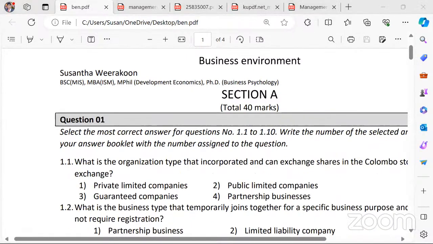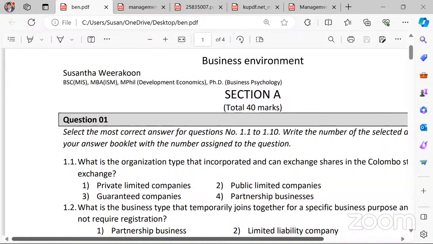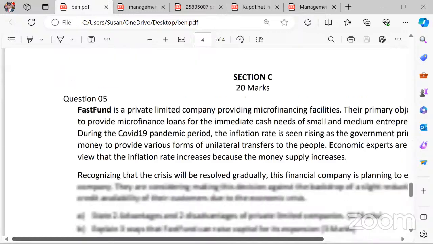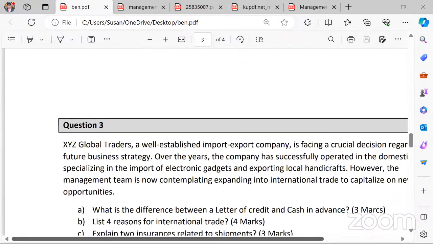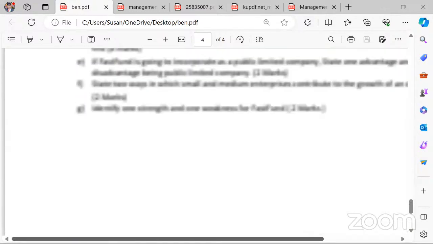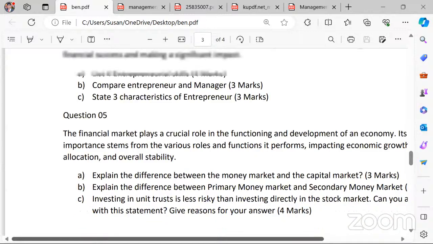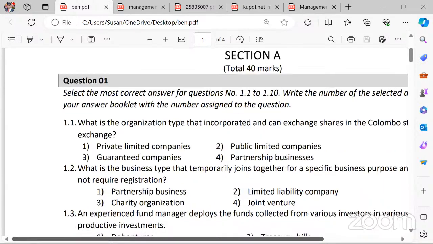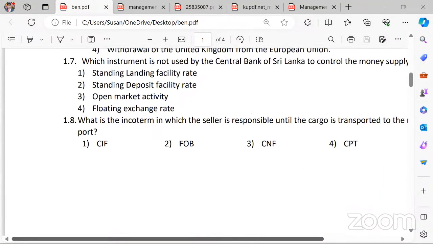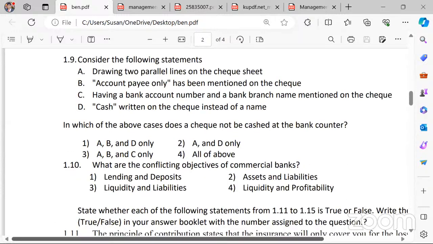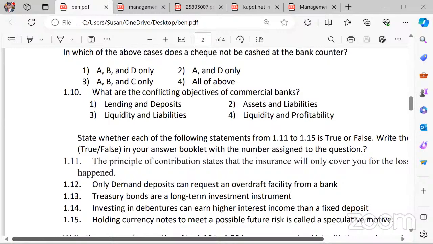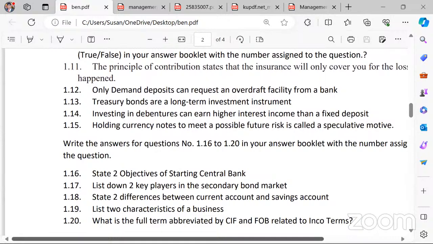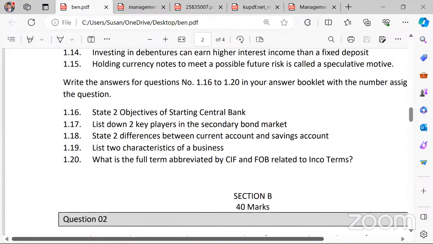Normally you can find a few sections in your study pack: Section A, Section B, and Section C. Section A is known as OTQ and includes 10 MCQs, 5 questions where you mark true or false, and short answers.